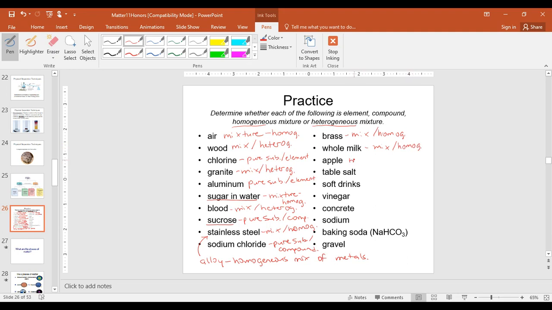Apple is also a mix, and we think about, you have the skin, the core, and everything, so it's heterogeneous. You see different parts. Table salt, that's sodium chloride. So again, that's a pure substance. And it's, excuse me, a compound.